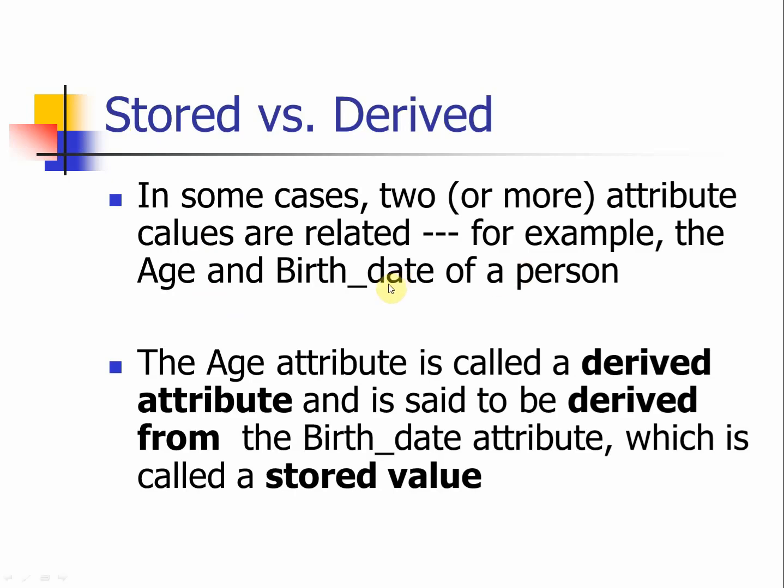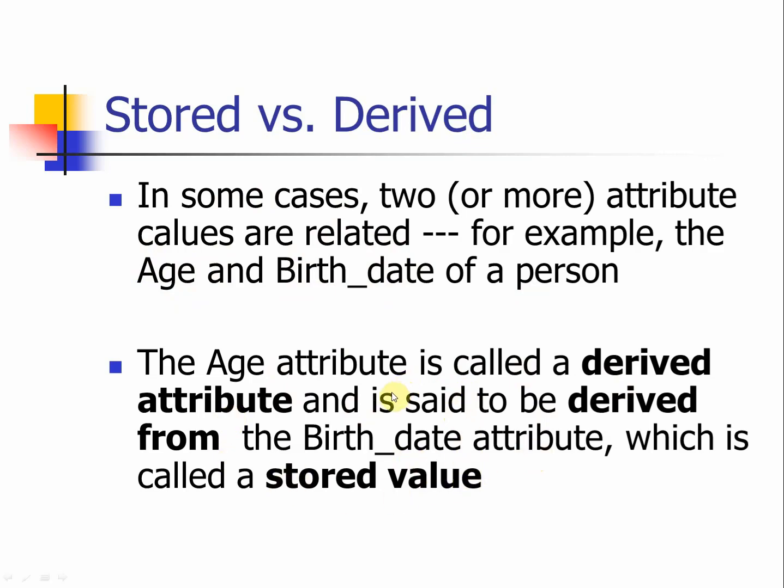If you already have a birthday, you'd better derive their age based on today's date. Therefore, we will have a stored attribute of the birthday, and using that, you can derive their age. So the age will be a derived attribute, derived from the birthday, which is called a stored value.